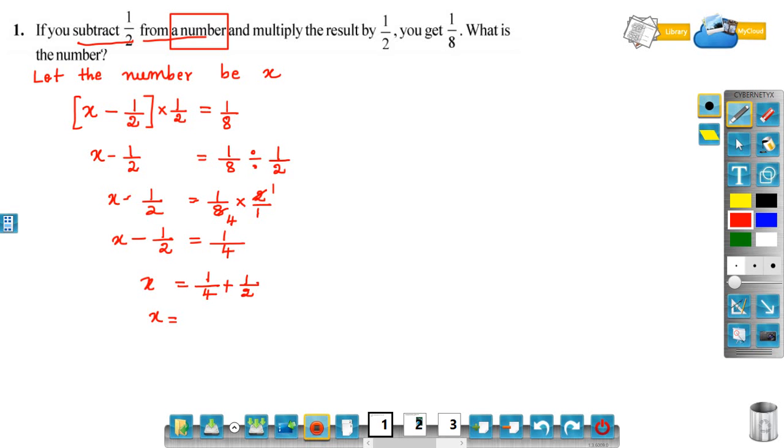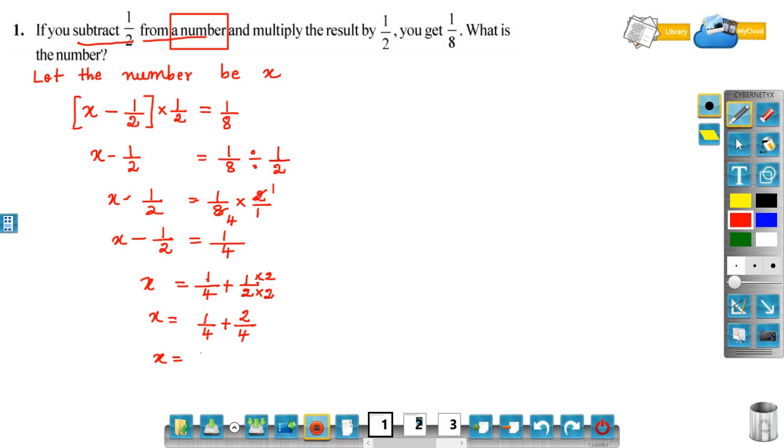What is the LCM of 2 and 4? LCM of 2 and 4 is 4. So make this 4 by multiplying by 2. If you are multiplying the denominator, then multiply the numerator also. Numerator and denominator should be multiplied by the same number, so it doesn't make any difference to this fraction. So 1 by 4 plus 2 by 4.